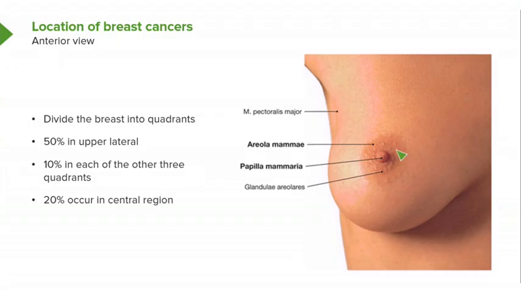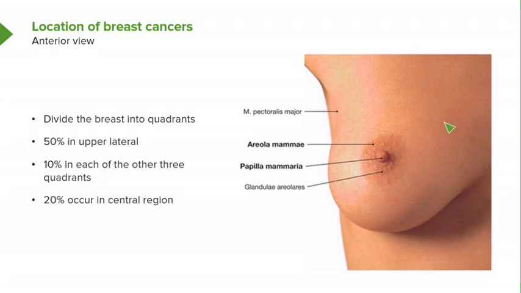By doing so, we'll have a lateral upper quadrant, a medial upper quadrant, a medial lower quadrant, and a lateral lower quadrant. 50% of breast cancers are going to occur in the lateral upper quadrant.